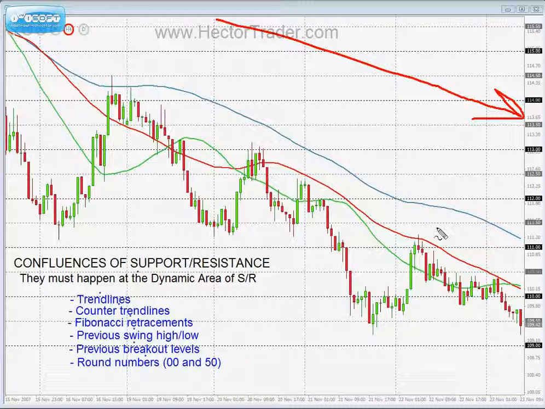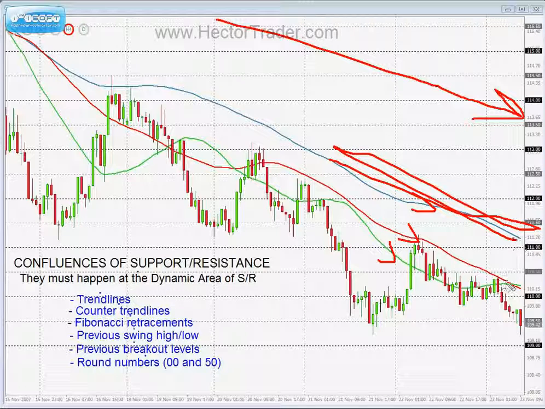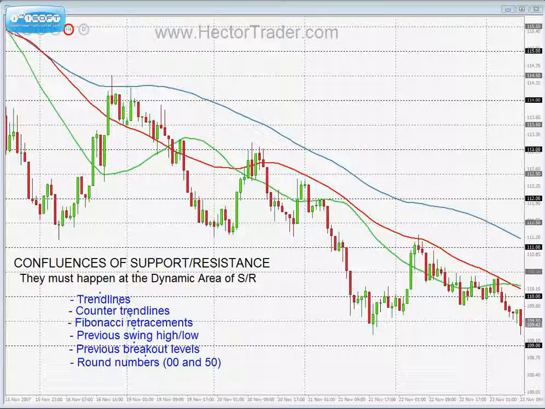Therefore, we would assume that we have all the moving averages pointing in the same direction, parallel to each other, price nowhere near the 100, etc. In that case, we focus our attention on the area around the 30 and the 50, as usual, meaning the dynamic area of support and resistance. Now, as I was mentioning before, a pullback to that area is not enough.